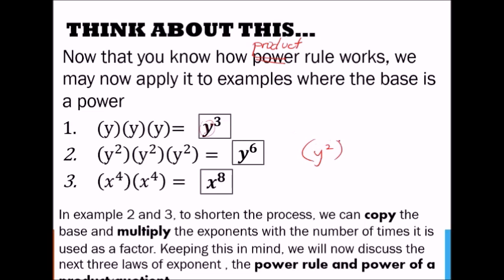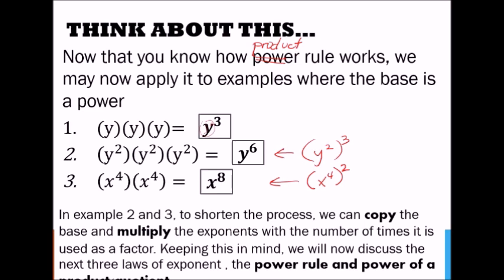Magiging y squared raised to the 3rd power siya, and the result became y to the 6th. Then, the next one, the base is x to the 4th. Dahil ginamit natin siya ng dalawang beses as a factor, our exponent is raised to the 2nd. And this resulted to x to the 8th power.